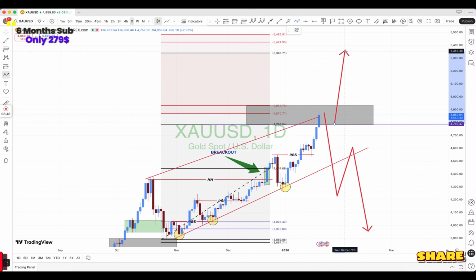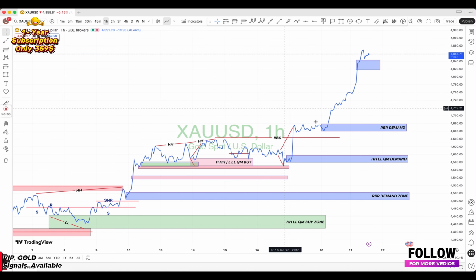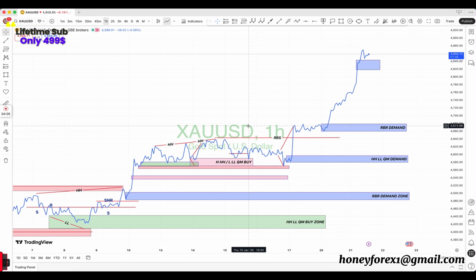Now we check H1 chart. Now this is our H1 chart. If we look here and convert in line chart, do we see here a really base, really demand zone? But market easily can pass this area because left side no resistance or QM available.